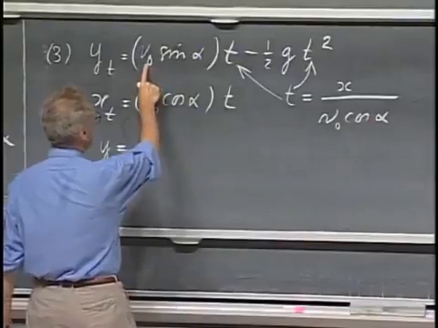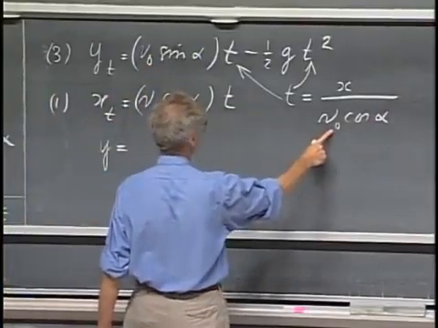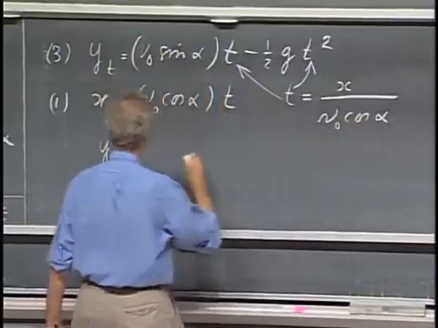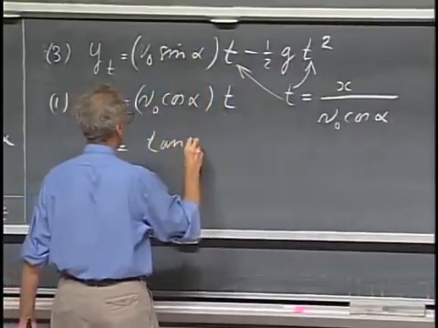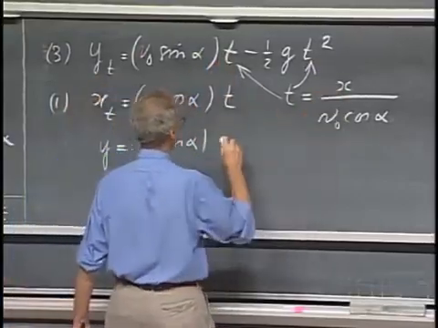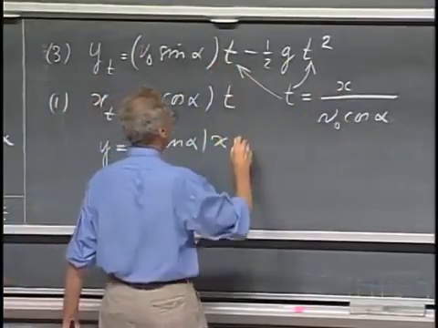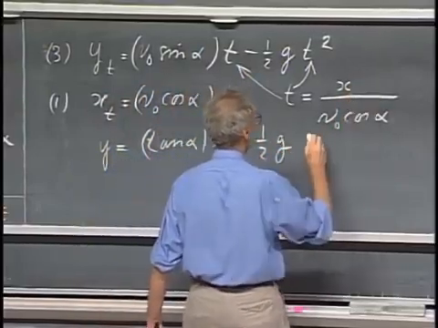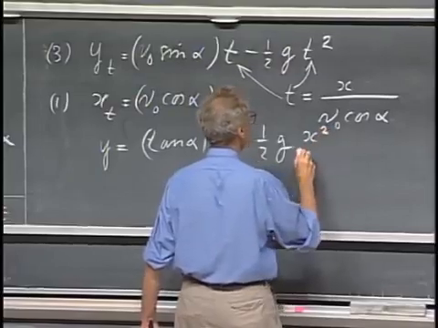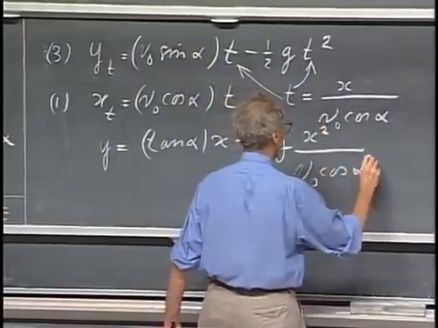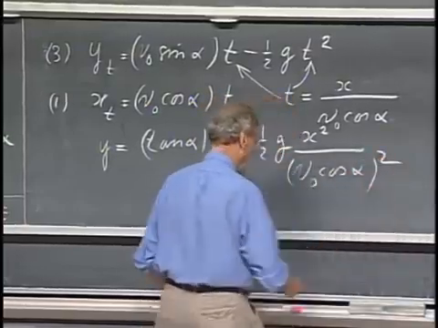There's a v0 here, and there's a v0 there. That cancels. There's a sine alpha here and a cosine alpha there. That makes it the tangent of alpha, and then I have here an x. Then I get minus 1/2 g times x squared divided by v0 cosine alpha squared.